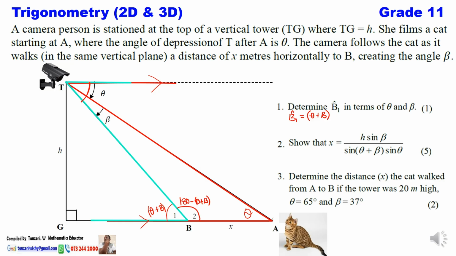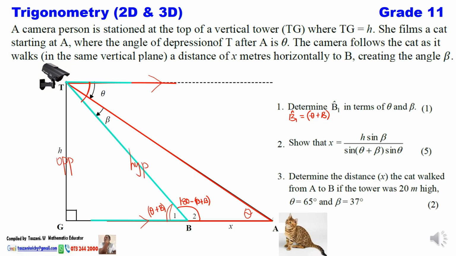Now, the only side that we are able to calculate in this diagram is the line from T to B, because line TB is a part of a right-angled triangle. According to the information provided, if you work with the angle B1, then the line TG becomes the opposite of the angle, and the line TB is the hypotenuse of the triangle.